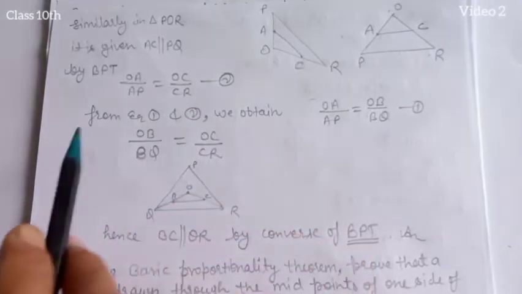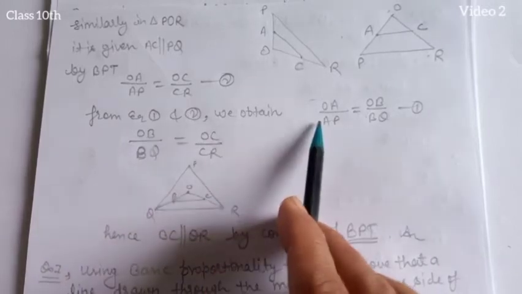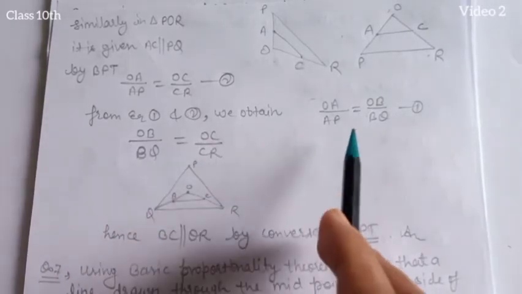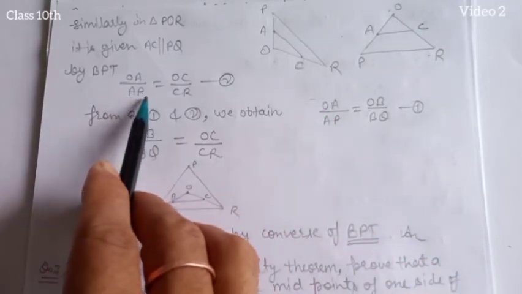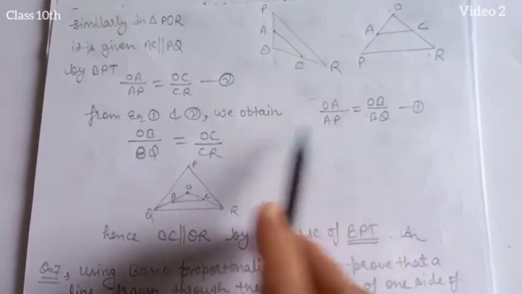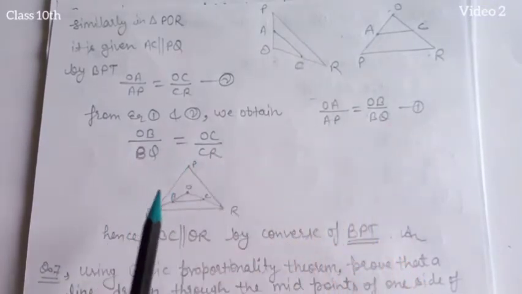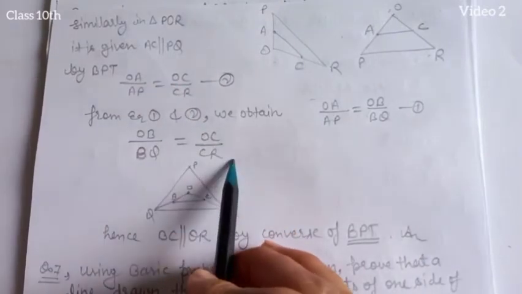So students, now from equation 1 and 2 we obtain, yes, you can see the left side of both equations is equal. So the right sides of both are also equal to each other. So here OB upon BQ is equal to OC upon CR.